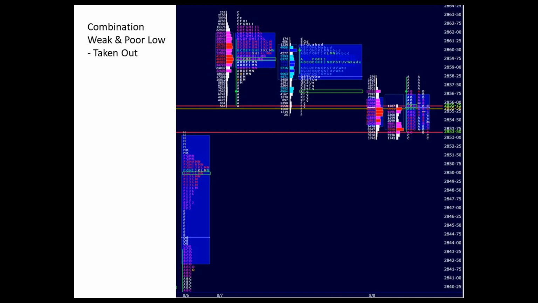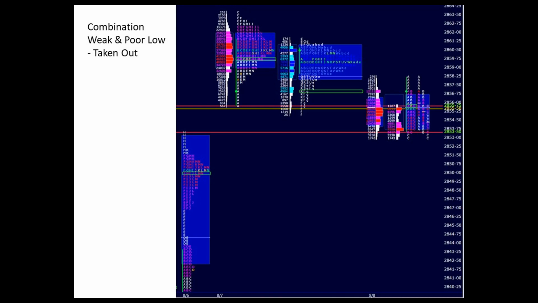Now, again, those are nuances. Remember, an example we're just looking at. First, we had a good low because we had single A period prints on the low, but it was a weak low because it was exactly or one tick above the high for the previous day. Then B period came down and exactly matched the high from the previous day. So we still had just a weak low. The combination of the poor low and weak low is gone. We have just a weak low now because we've come back down in B period and left no single prints.